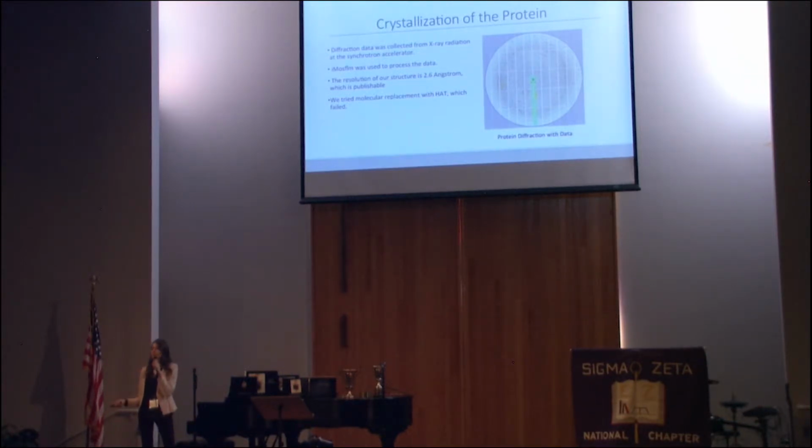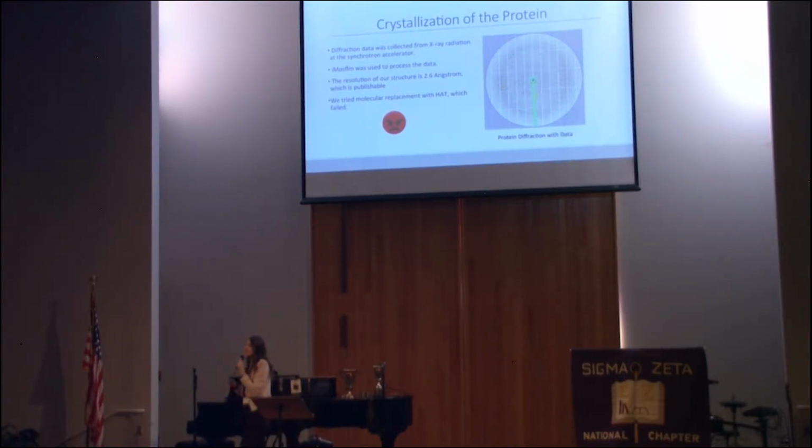So we did molecular replacement with HAT, and we found out it failed. This basically means that the protein that we crystallized wasn't actually HAT. And at this point, we had no idea what it was. So like, okay, we have this really, really good crystal structure, 2.6 angstroms. Now we need to figure out what we crystallized.